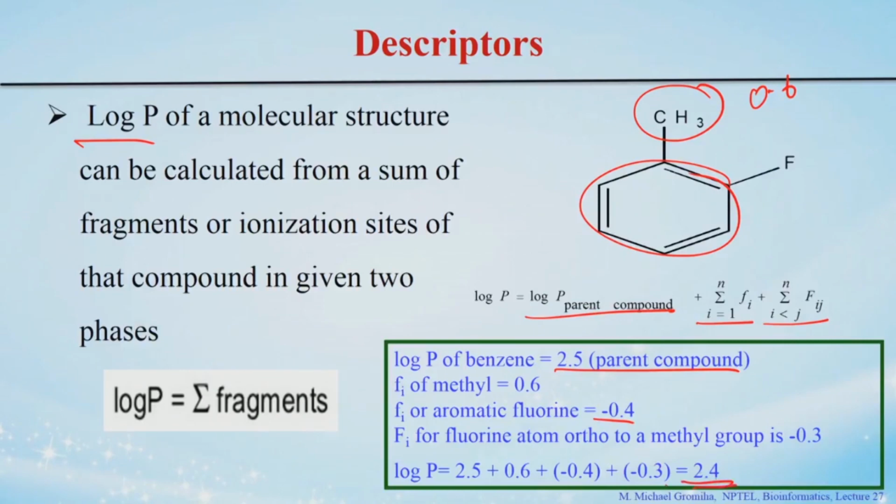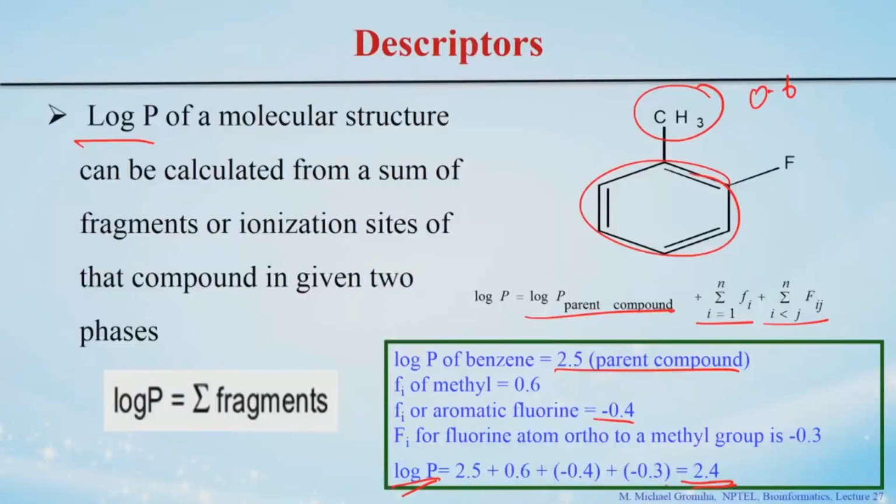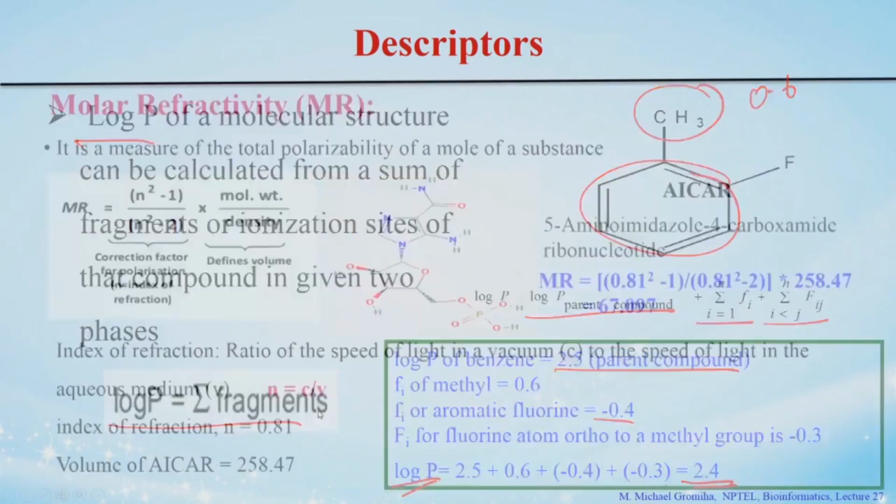Finally, we get the value of 2.4 in the case of this particular structure. Likewise, for any compound you have, you can take a core, for which we have the values, then get all the constituent fragments, then get the Fij values among these different groups, and finally the summation of all these values gives you the log P for the particular compound. So, you can calculate.